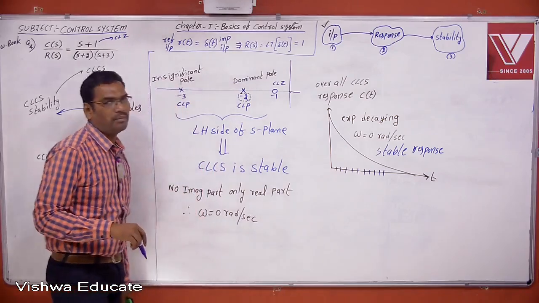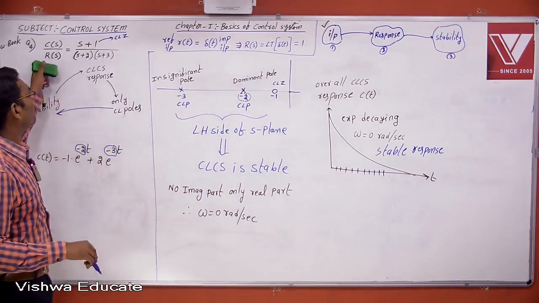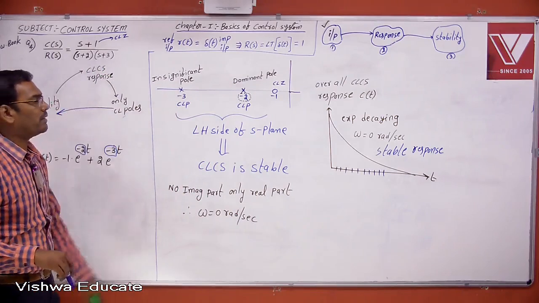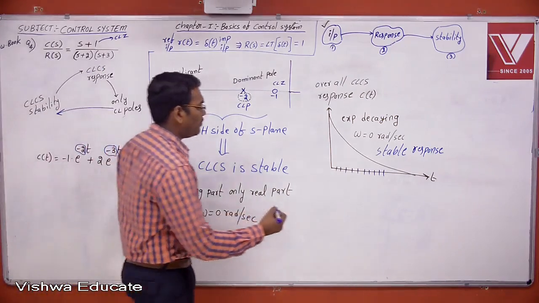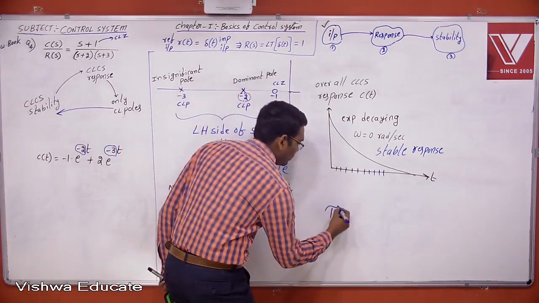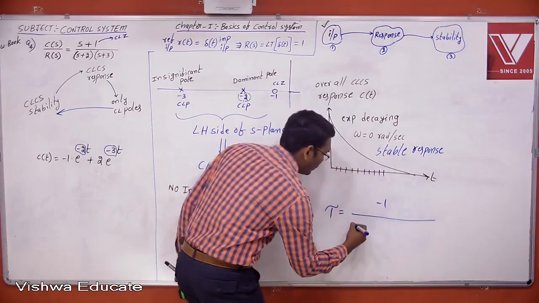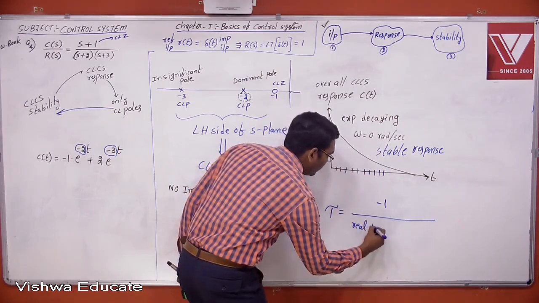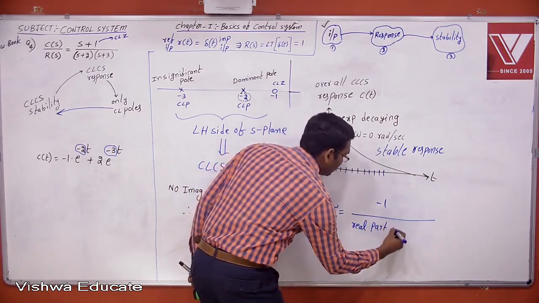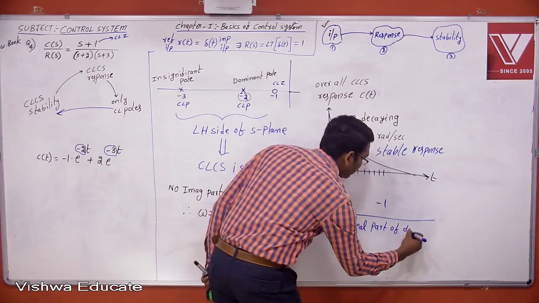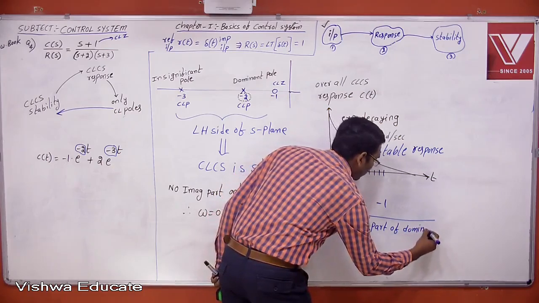That is also completed. Now this is question number 4, all the parameters are completed, and we find one important formula from that: time constant is nothing but the negative of the reciprocal of the real part of the dominant pole.